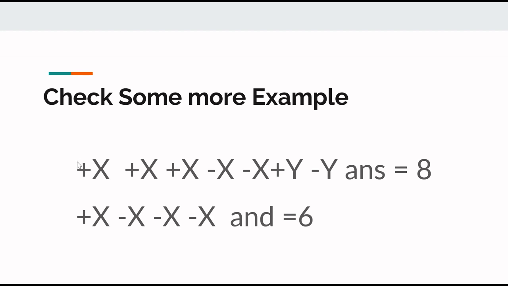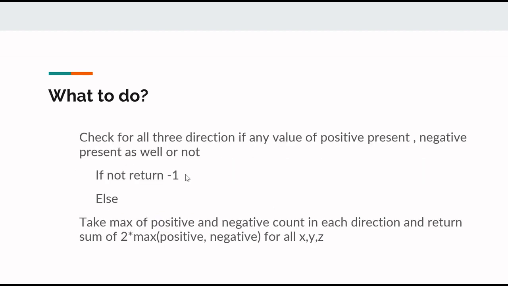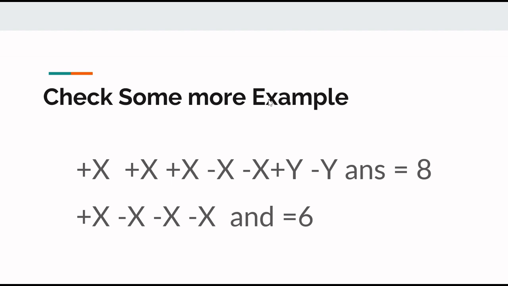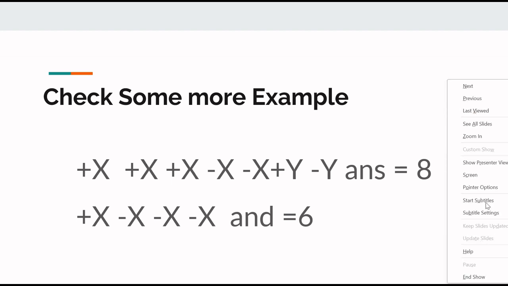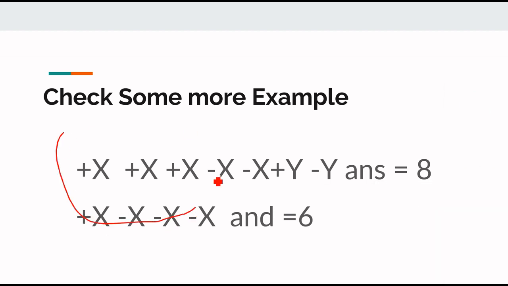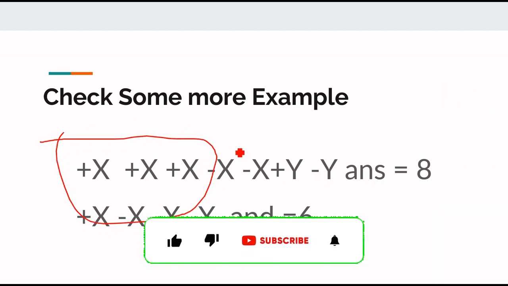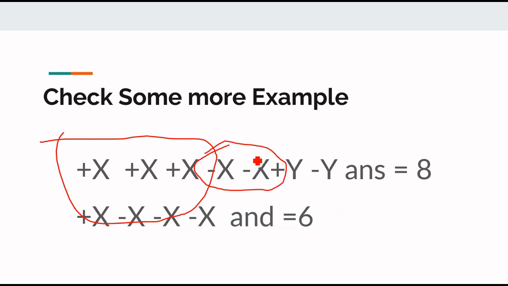Like there are three positive x, but only two minus x. So even though I'm taking 1, 1, 1, I can't take the value of x as 1. So this can't be possible.